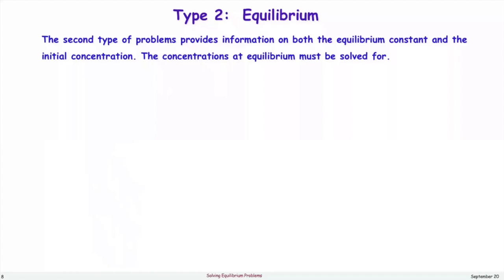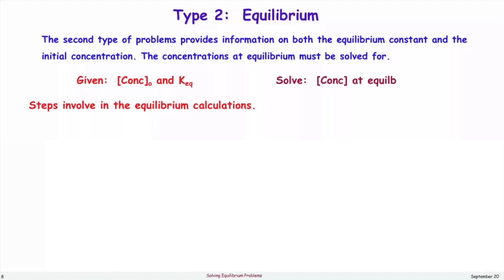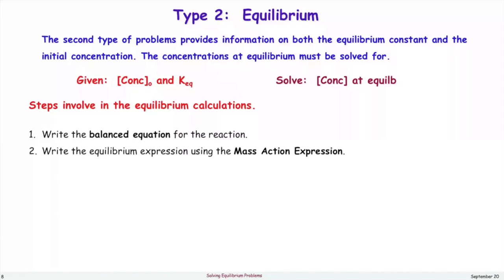Always start with the balance equation. Make note of the phases of the chemicals and then look at the conditions of the reaction. So generally, like I said, you're given the initial concentration and you're generally given the equilibrium constant. Balance the equation, make note of the solid, the liquid, aqueous, and gas. Write the equilibrium expression.